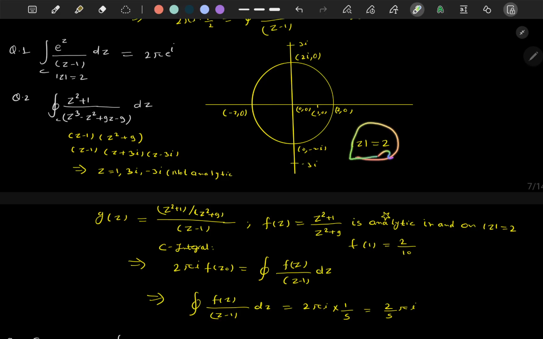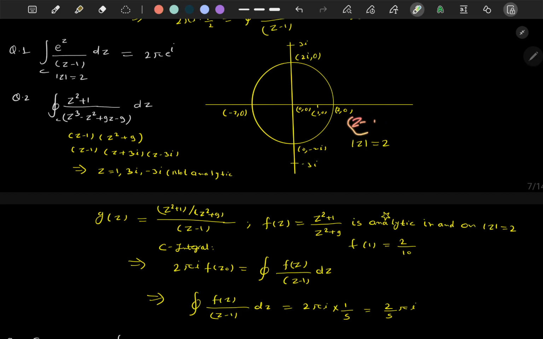Because it is given to us that the contour is mod of z equal to 2, meaning a circle of 2 radius. So 2, minus 2 and center 0 comma 0. We can clearly see point 1 comma 0 is lying inside, and 3 iota and minus 3 iota will be lying outside. So it is the problematic point.